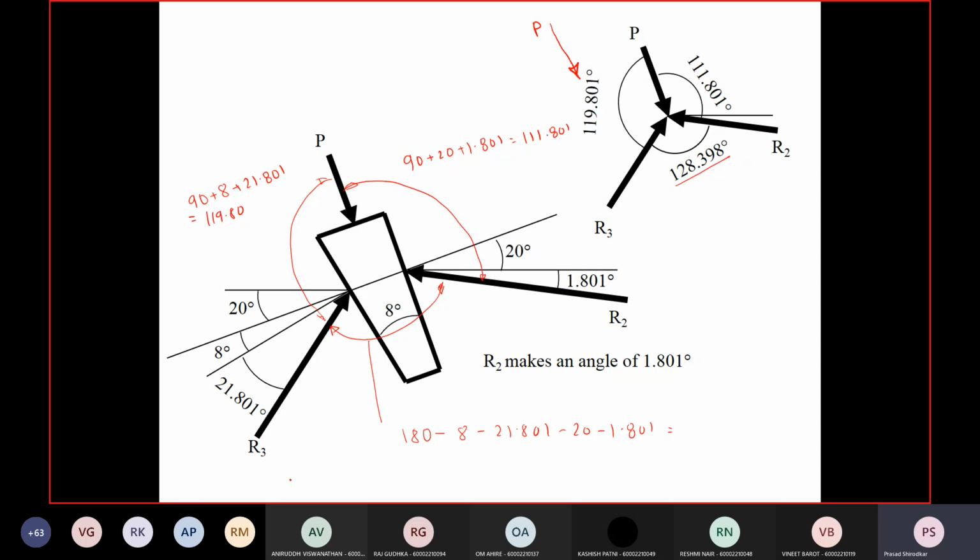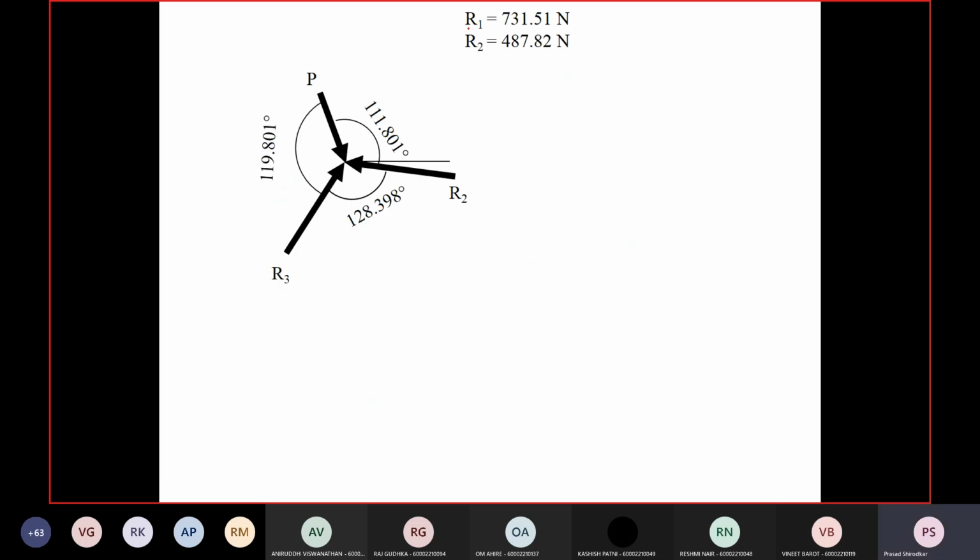Okay, now let's apply Lami's theorem. So we know R1 and R2. So from this we know R2.